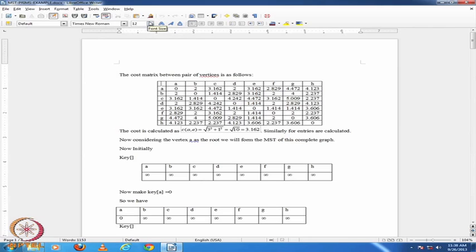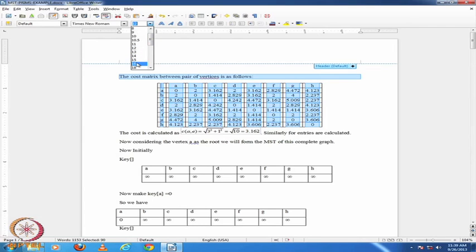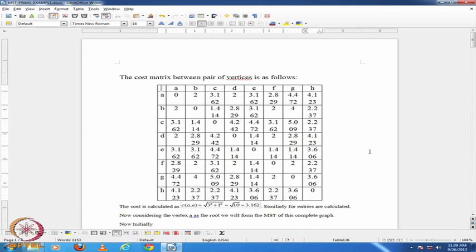If I just increase it to 16, say, these are the different values whatever we have got for this one.